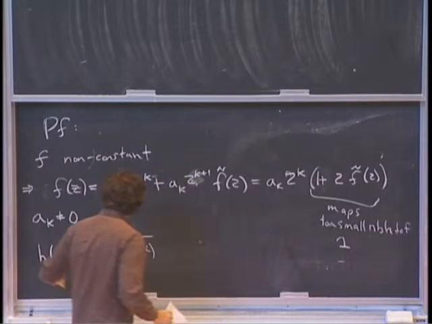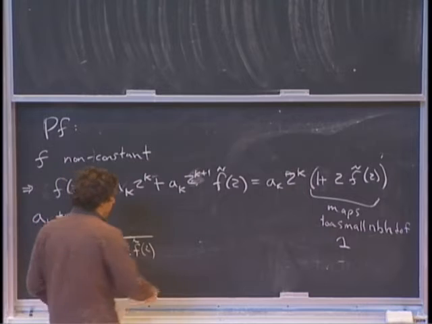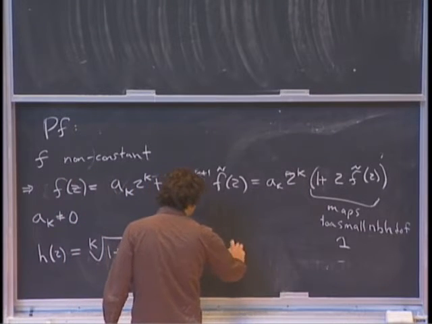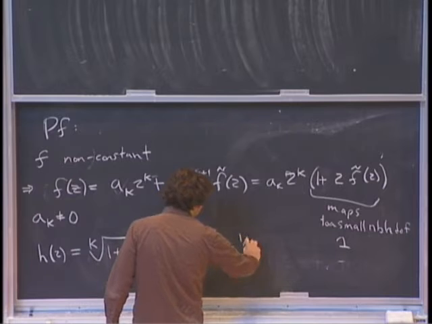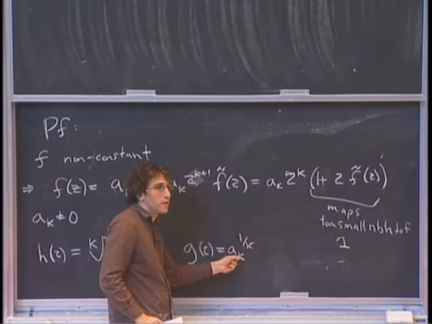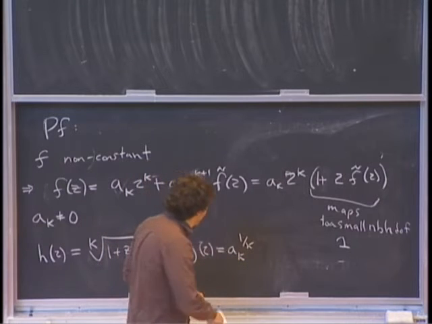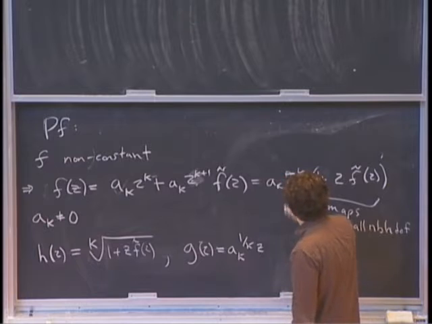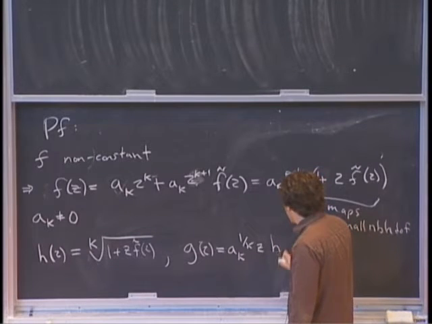Okay, so then if we just take the kth power of this, the idea is we can just write g of z now is equal to a_k to the 1 over k, where this is just a non-zero complex number, so this is just some choice of root, of which we have k possible choices, so we just make one. Then we multiply by z, and then we multiply by h.